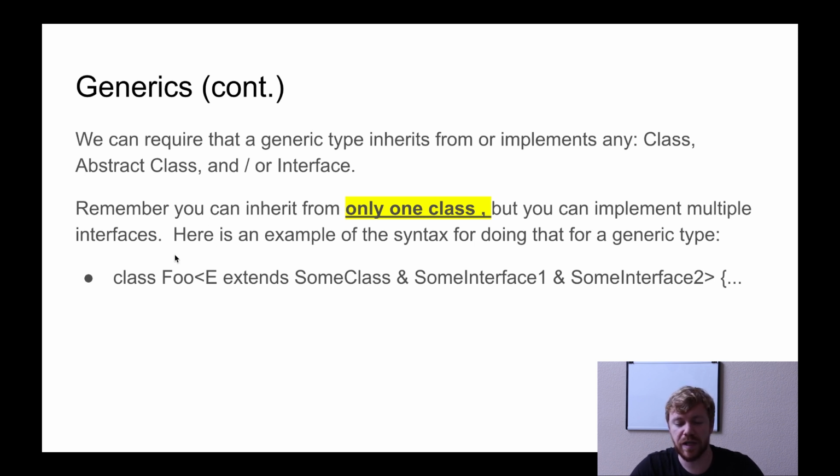And so this is the syntax for doing so. Class Foo, the generic angle brackets, generic type E, extends some class, and so the class will always come first if you are doing a class. And then the ampersand, some interface, ampersand, some other interface, etc.